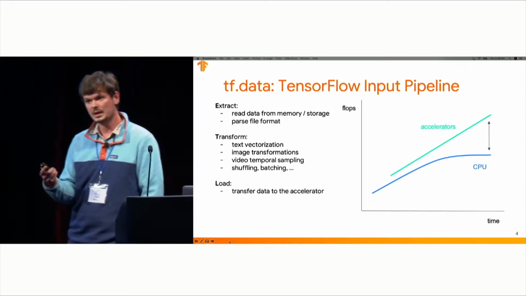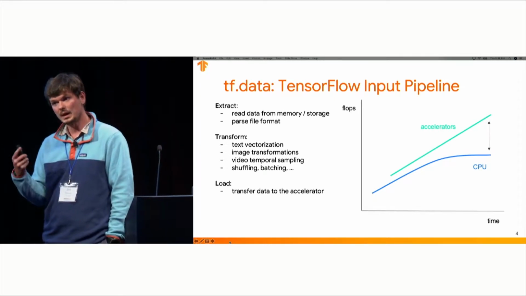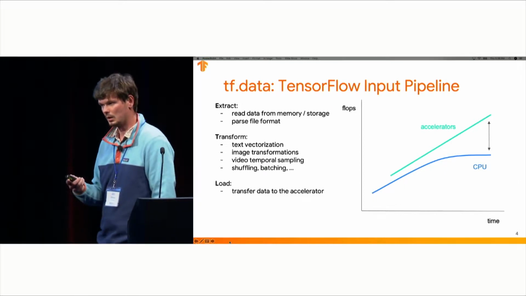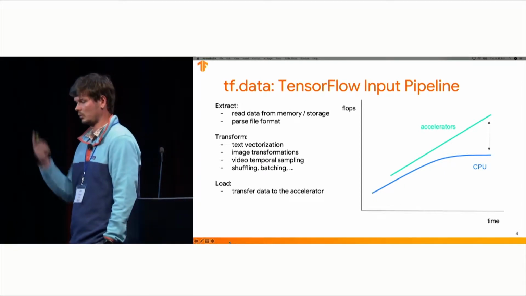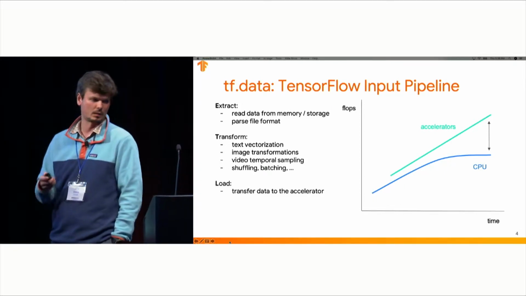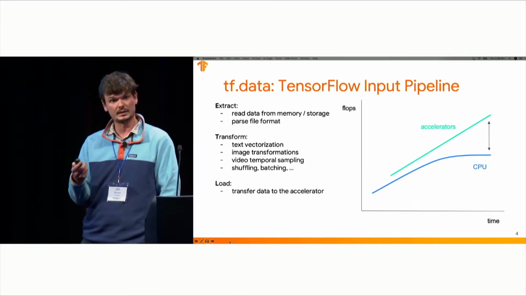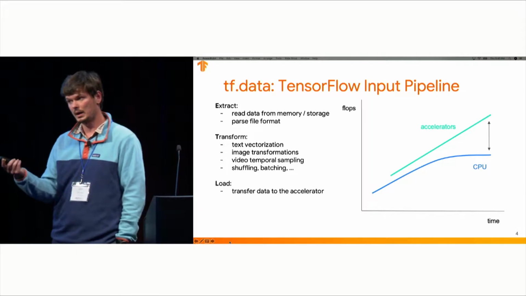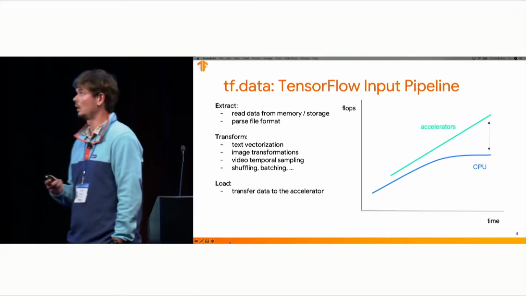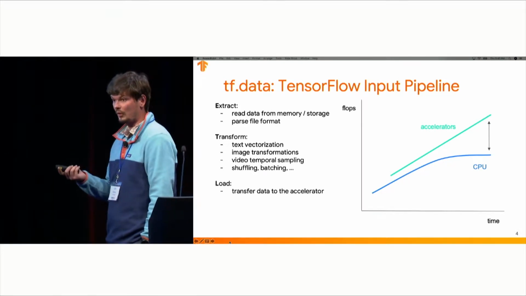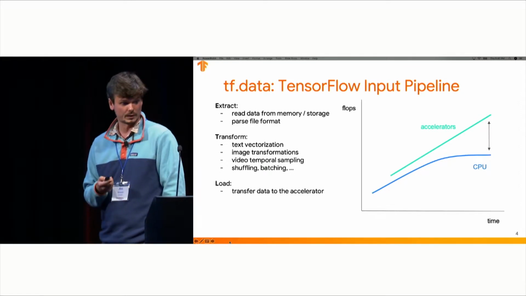And I think of TF.data as the API for the ETL process of TensorFlow, where E, T, and L stand for extract, transform, and load, respectively. TF.data provides you with facilities for reading the data either from local or remote storage and parsing the file format in which your data is stored.